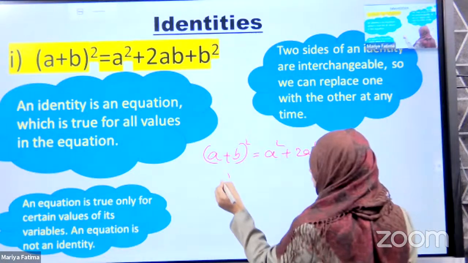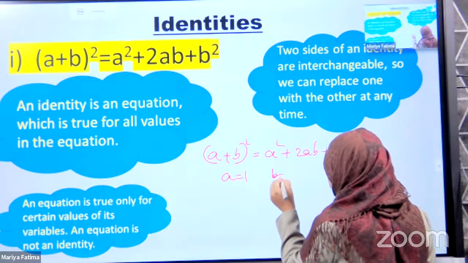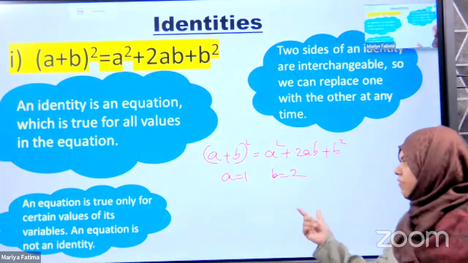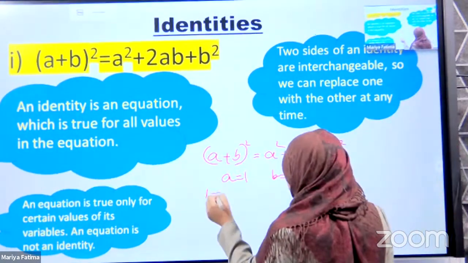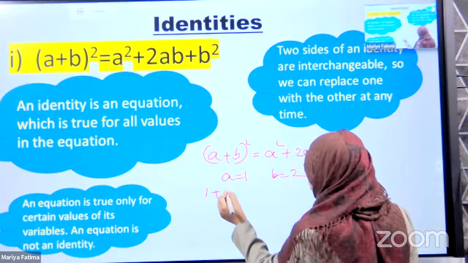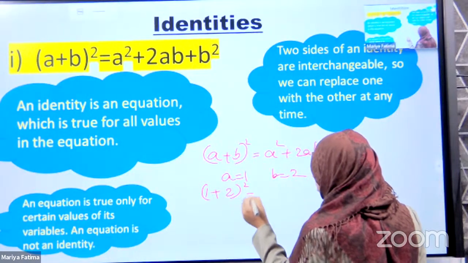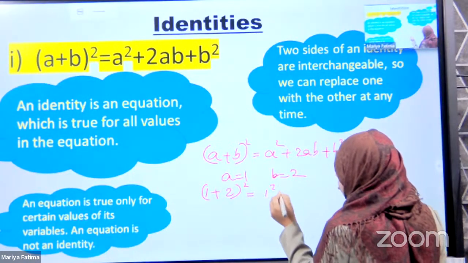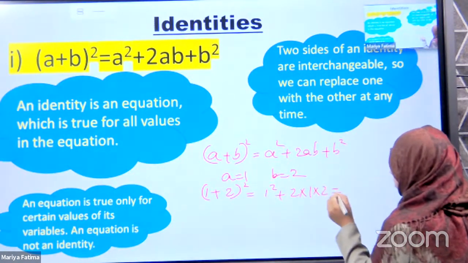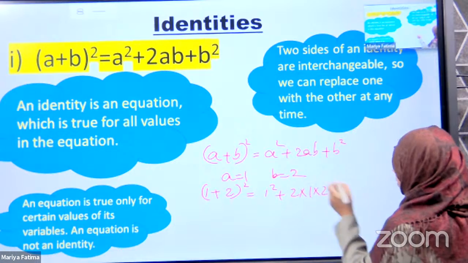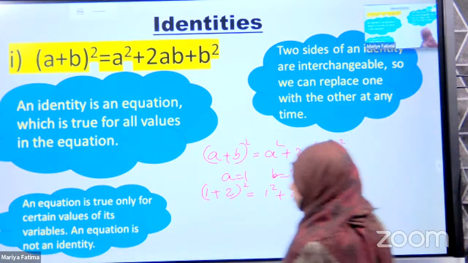Suppose we take the a value as 1 and the b value as 2 and substitute in this. 1 plus 2 whole square is equal to 1 square plus 2 into 1 into 2 plus 2 square.